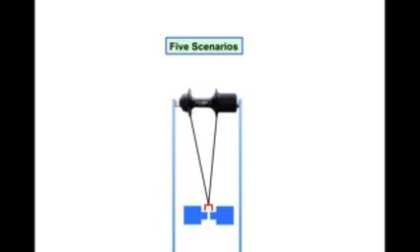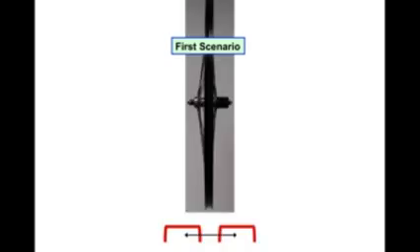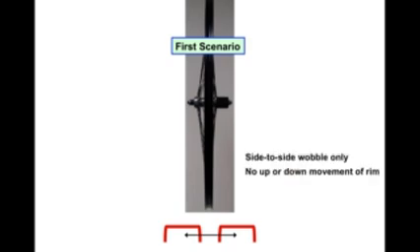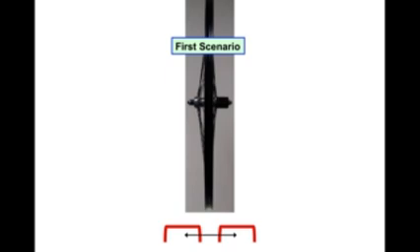Let's now look at each of the 5 scenarios and how to remedy the problem that's illustrated. In the first scenario, I have side-to-side wobble only, no up or down movement of the rim. This is what we saw in the opening clip. Initially, my calipers are too far away from the rim, so I move them up, and then I bring my calipers in until at one point the caliper just kisses the rim on one side.